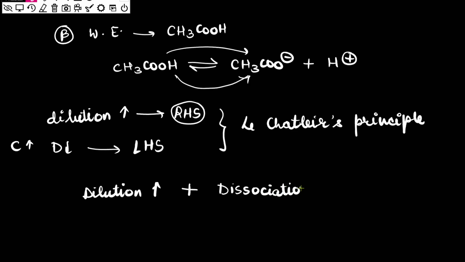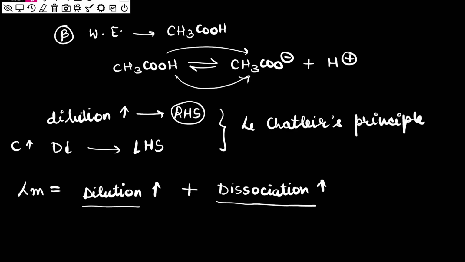So what I mean to say is that here the molar conductivity will depend upon two factors, one of them being dilution and one of them being dissociation. As you are increasing the dilution, that is one of the reasons for increase of molar conductivity, but in addition to that, the dissociation of electrolyte will also occur, and as a result both of the factors will together work, and here the molar conductivity will increase rapidly after a certain point of time.